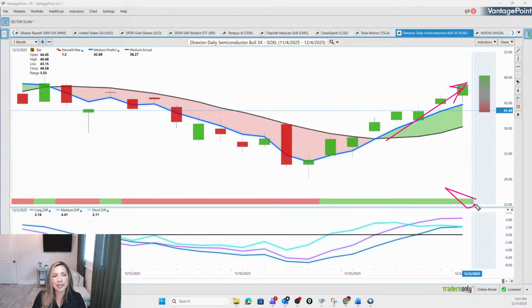But what we're expecting today, and you can see today we had some potential weakness coming in from the predictive difference, that short-term crossover coming down. But also we were expecting some potential weakness here from the predictive trade candle. See how it's shaded red down here on the bottom of the predictive trade candle? So we were expecting a lower low from yesterday. All right, potentially a higher high, but also a lower low. So some of this area of consolidation.